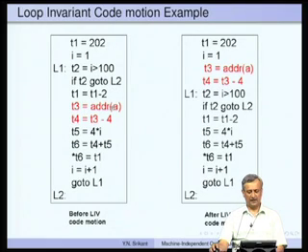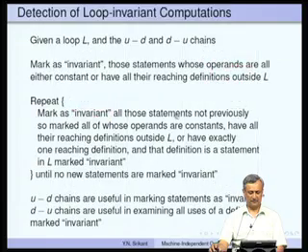See, this was marked as invariant. Now, this T3 is an operand in the next one, T4 equal to T3 minus 4, and the second operand of this assignment is also a constant. So, this is also obviously a loop invariant computation, because T3 equal to address A is a loop invariant computation.